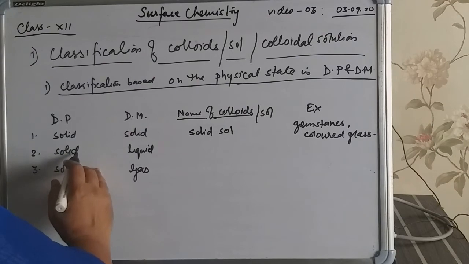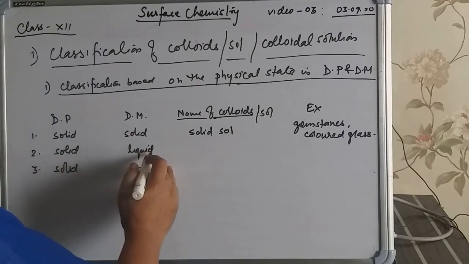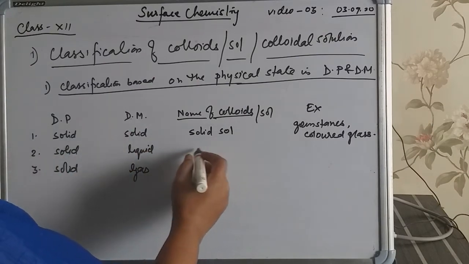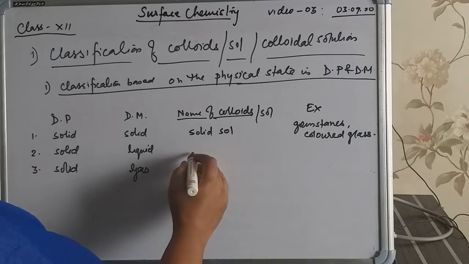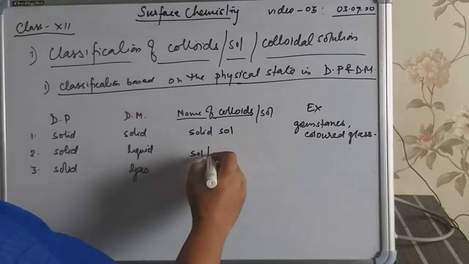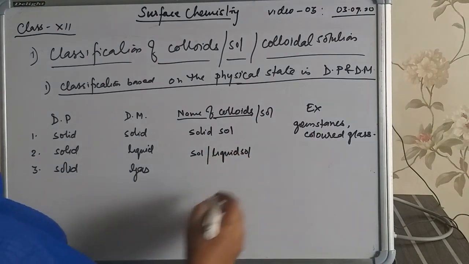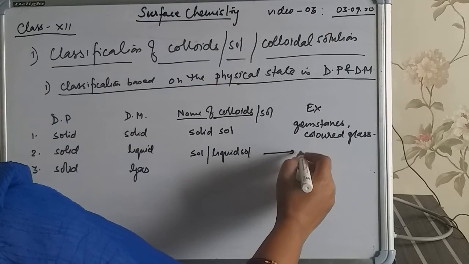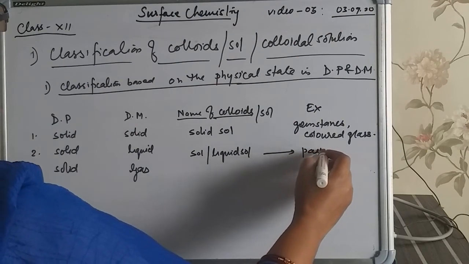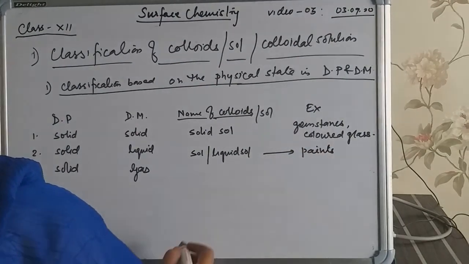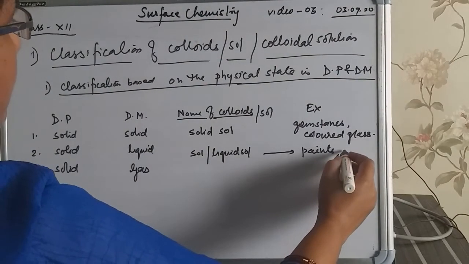Solid dispersed phase and liquid dispersion medium. So the name of the colloid will be sol or liquid sol, and the examples are paints and cell fluids.